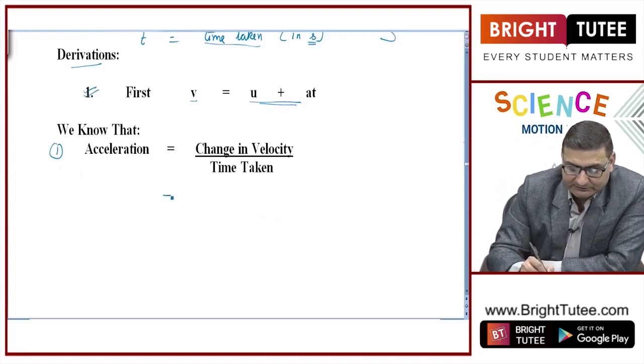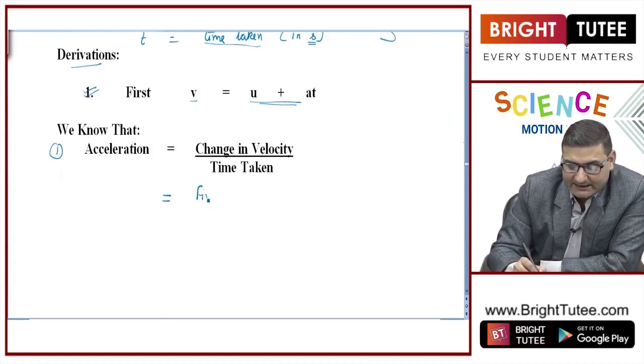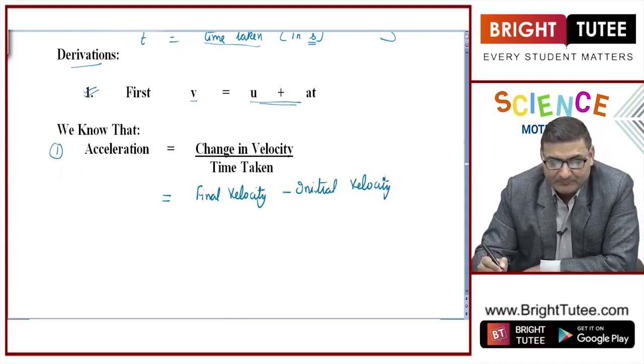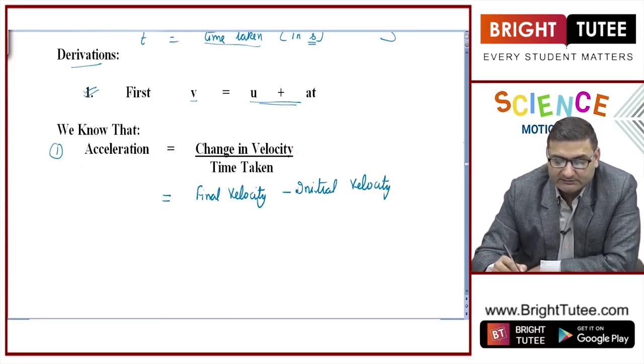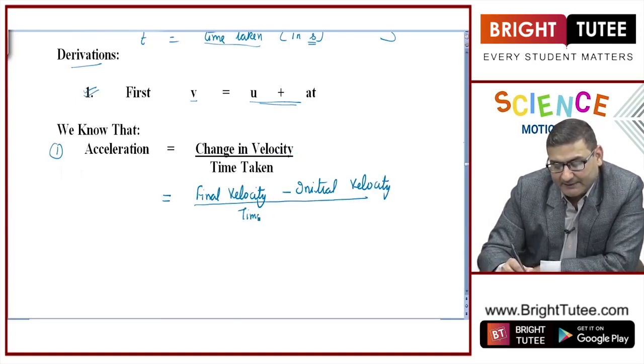Change in velocity means final velocity minus initial velocity. We have already done this while studying the topic of acceleration, but we repeat it again. So this will be our formula for acceleration: change in velocity, that is, final velocity minus initial velocity, divided by time taken.